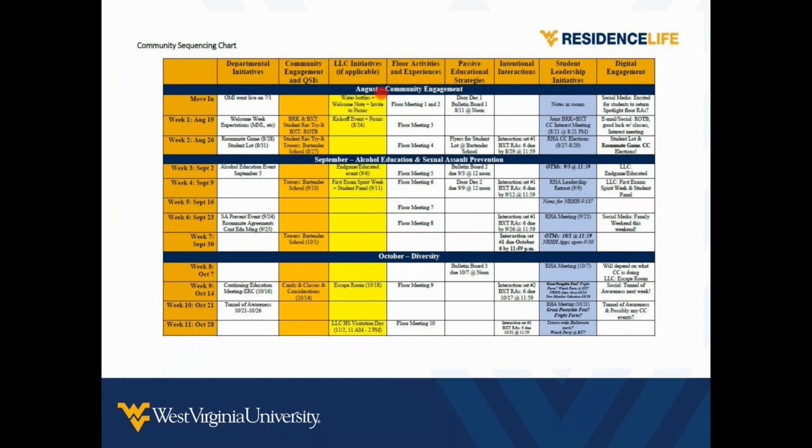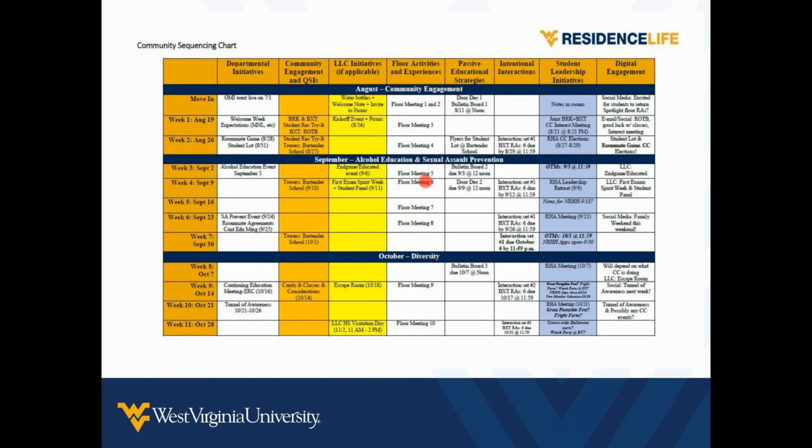So whether those were different events for the LLC, different things they did. You can see that this tower did bartender schools, floor meetings, they did door decks, and they did some interactions.